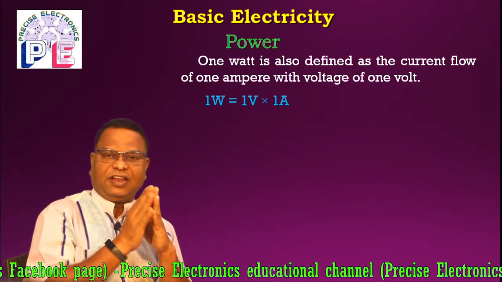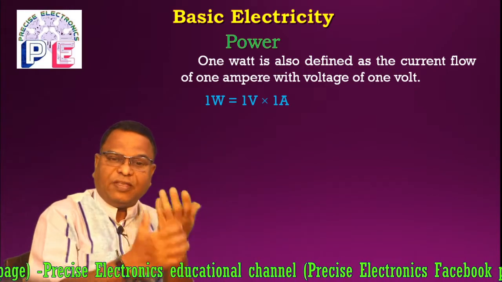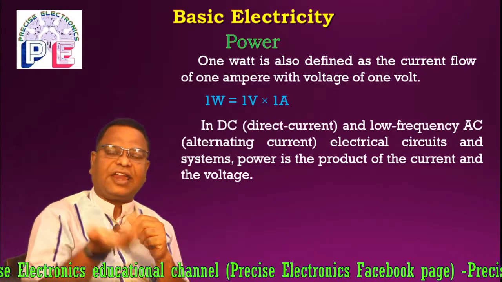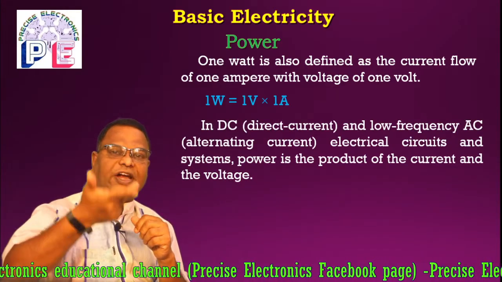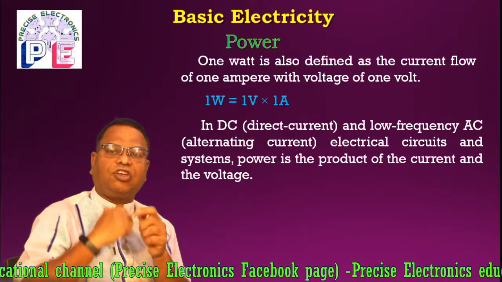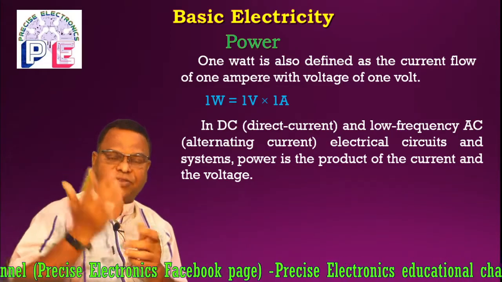In DC circuits, DC meaning direct current, and in low frequency AC, alternating current: in alternating current the polarity gets reversed, but in DC the polarity remains the same and the current does not change its direction. In AC, the current changes direction with every half cycle.